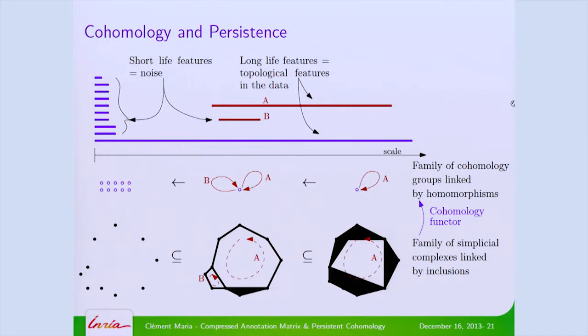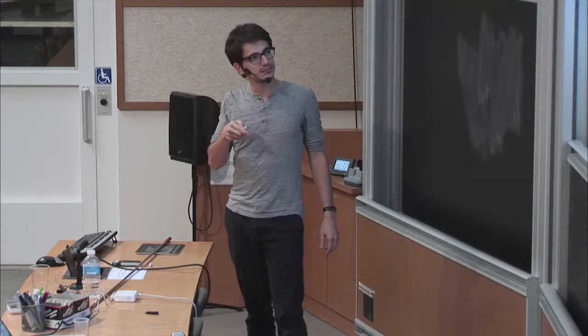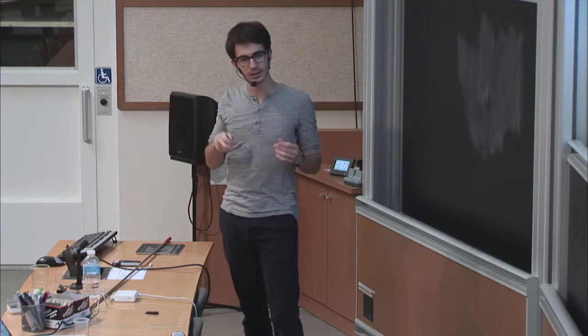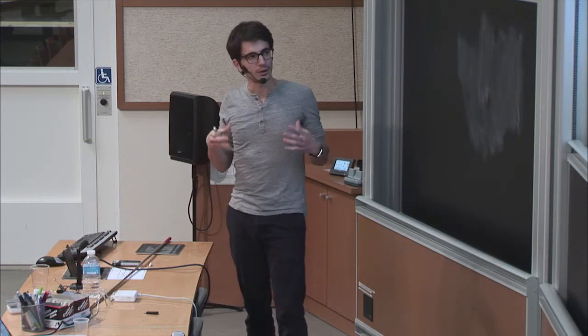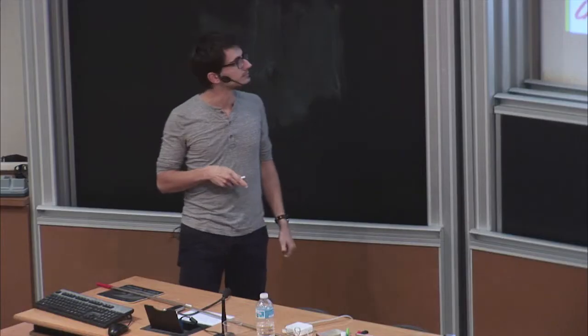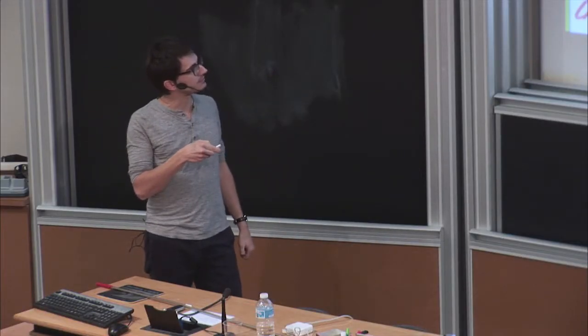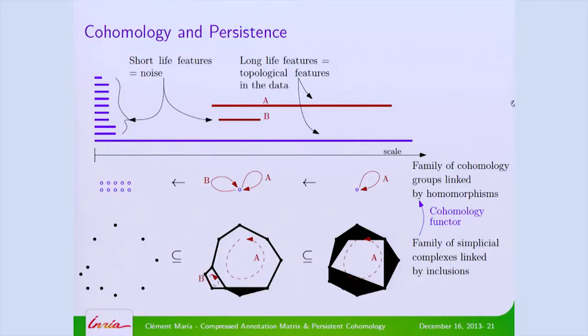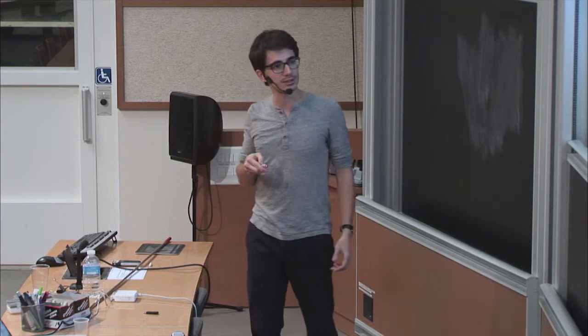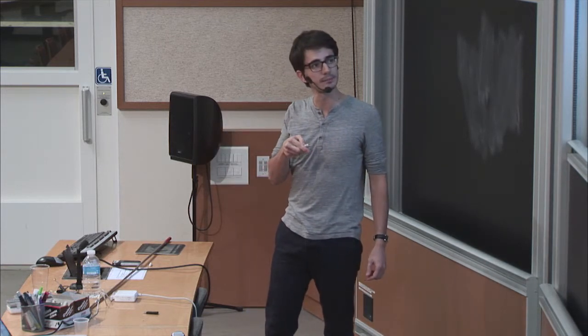But if you look a bit further away, you see things merging, if you consider a coarser geometric scale. So you start to draw edges between vertices and triangles too. And you see that homology features are appearing too. And then you keep going further away, and things are merging. And this hole, for example, is disappearing here.